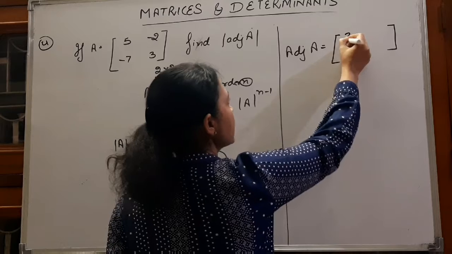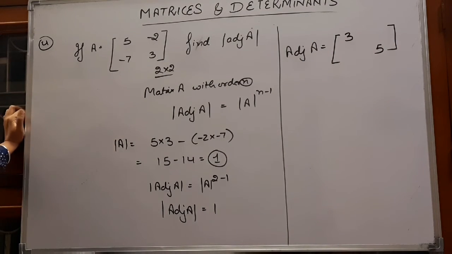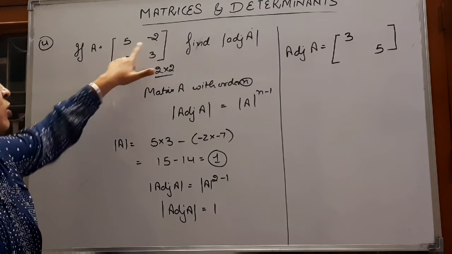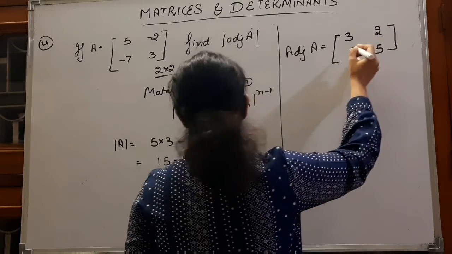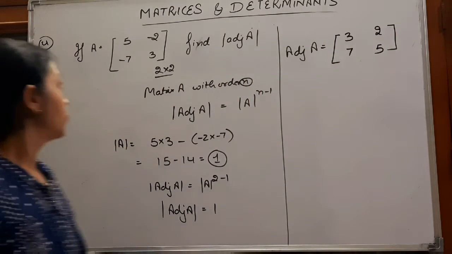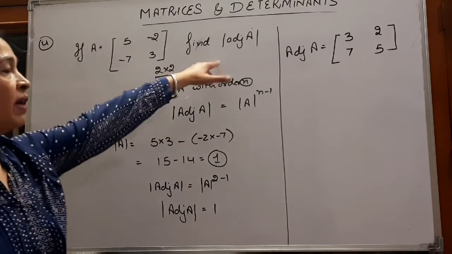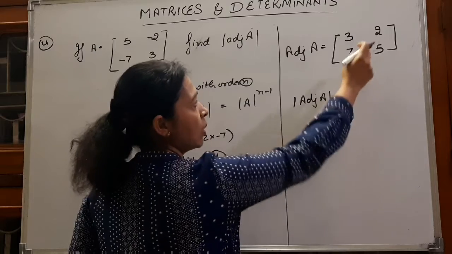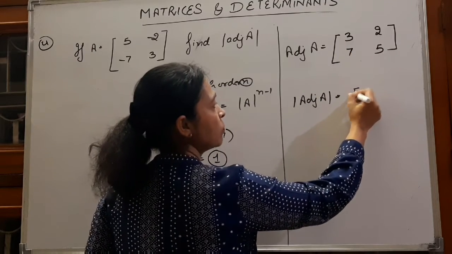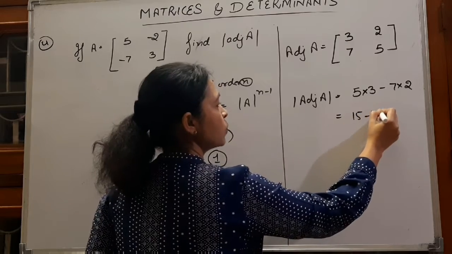In place of 5, we will write 3 and in place of 3, 5. And in case of the other elements, the signs will change. In place of minus 2, we will write 2, and for minus 7, we will write 7. This is adjoint A. Now, what do we have to find? Determinant of adjoint A. How can you find? 5 into 3, 15 minus 7 into 2, that is 15 minus 14, 1.